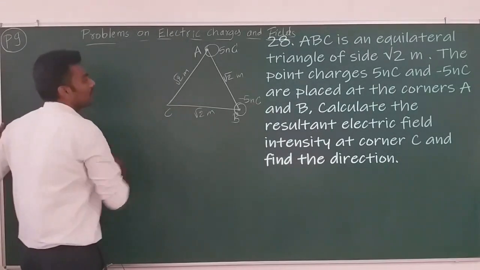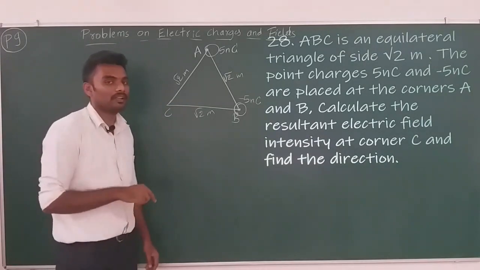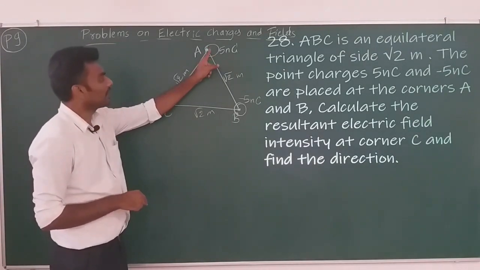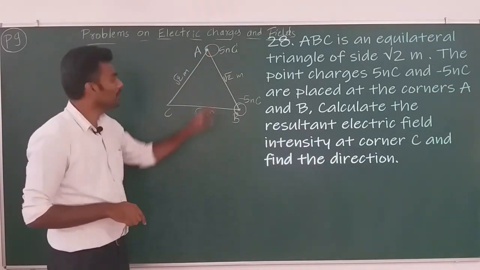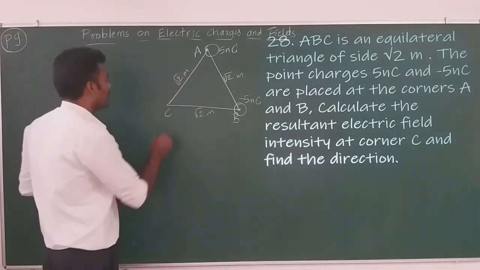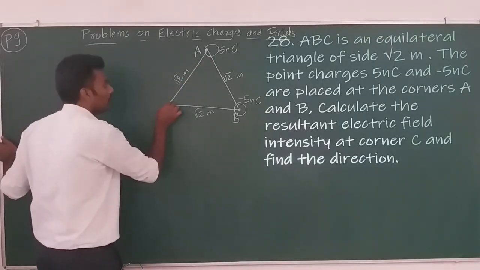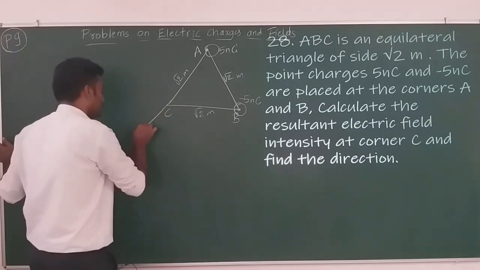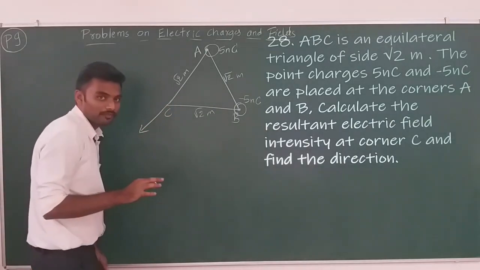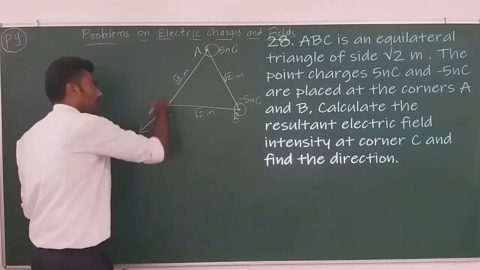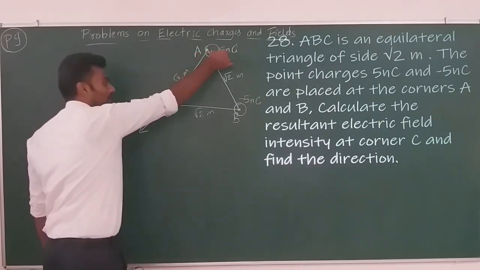Now at this point, we have two electric fields due to the charges at A and B, right? Due to the charge at A, the electric field at C will be something like this, right? Agree on this? Because it's a positive charge, plus 5 nanocoulomb.